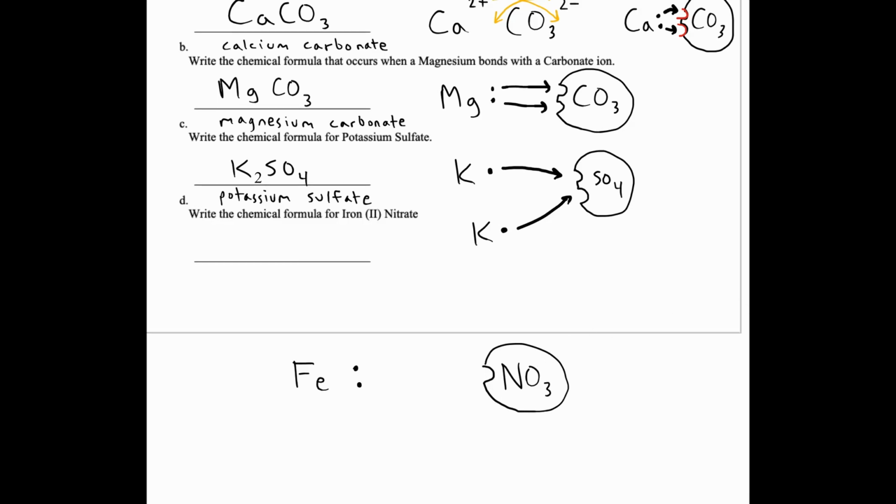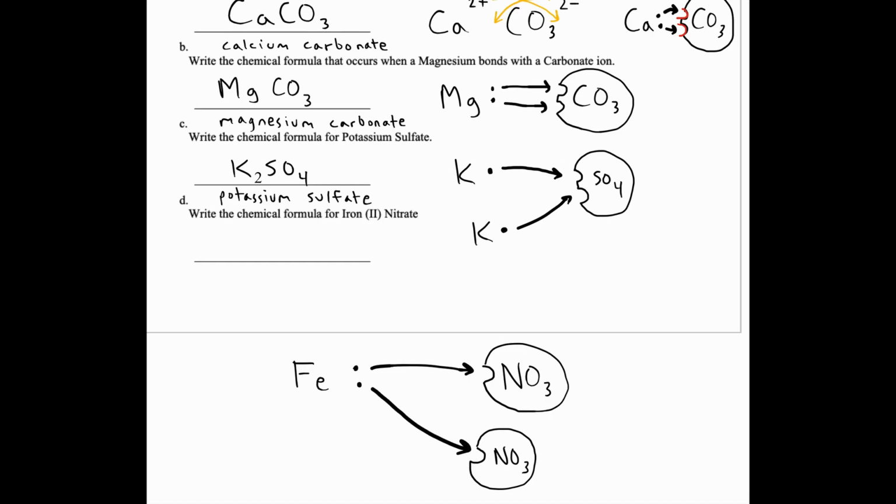So we have that. Now, iron can give 1 of its electrons to the nitrate here, but it still has 1 more electron to give. So what we're going to do is bring in another nitrate. Now the puzzle can be complete, similar to what we had done in the past.